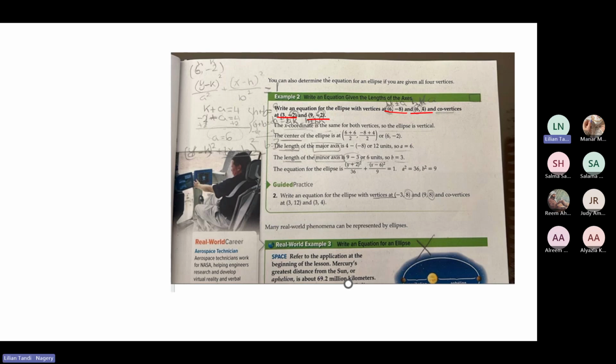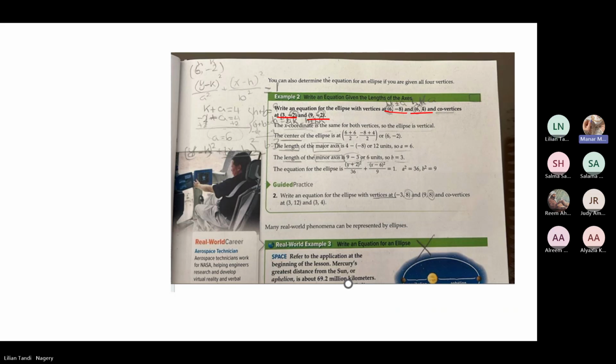Tell me, horizontal or vertical? And how do you know? Horizontal. How do you know?